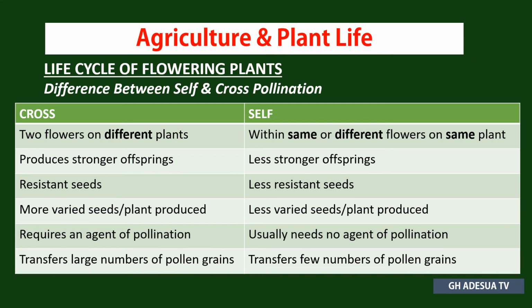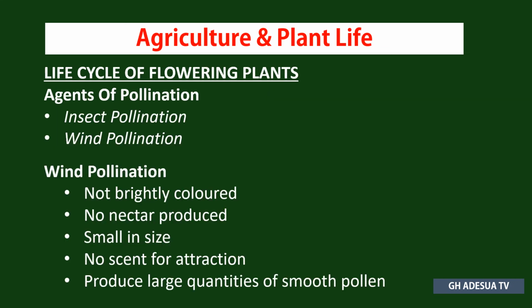By self-pollination, a few pollen grains are transferred, and then the organism is pollinated. So there are agents of pollination. We talk about insect pollination and then wind pollination. Either insects are causing the pollination or the wind is causing pollination.